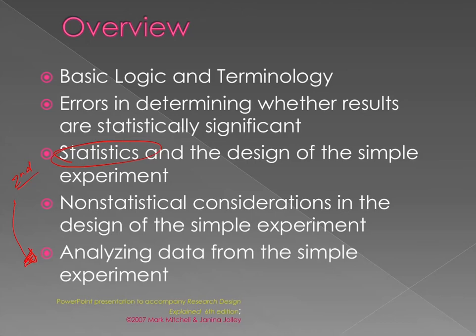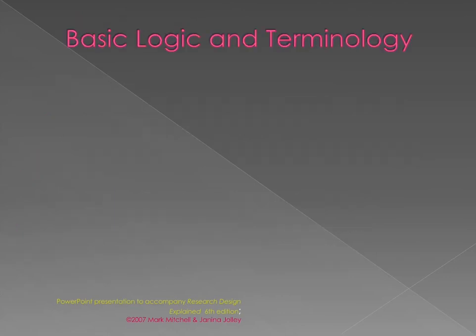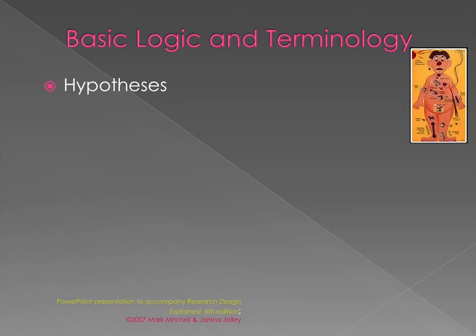So when it comes to the basic logic and terminology, there's a few terms that you should have in the back of your mind. We talked some about these last semester, but they're worth bringing back up again. The first one is hypotheses. Remember, your hypothesis about what's going to go on in the world, and especially what's going to go on with participants in your study, are really going to determine the structure of your study. These hypotheses need to be specific and they need to include operationalized variables.